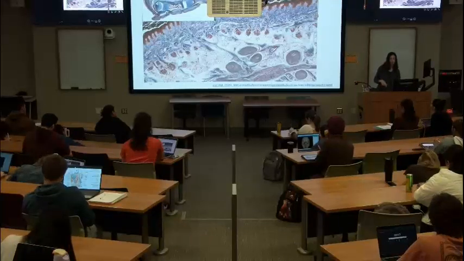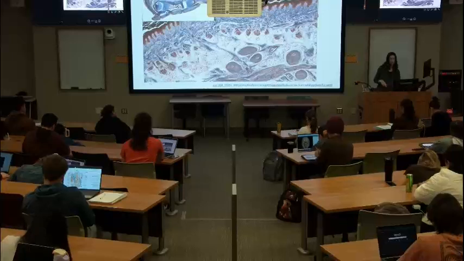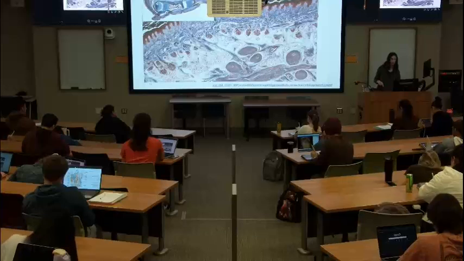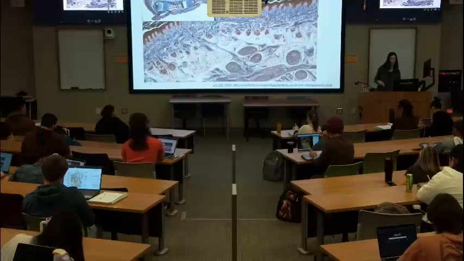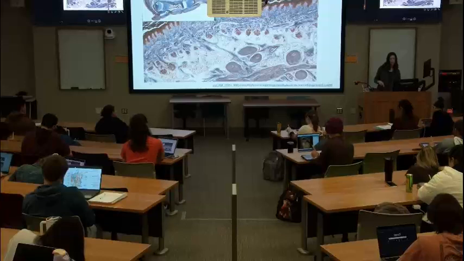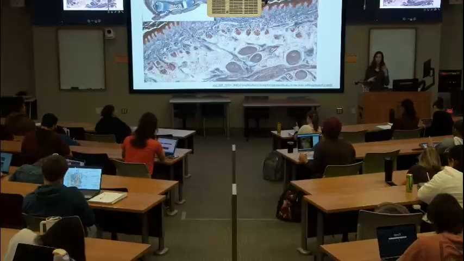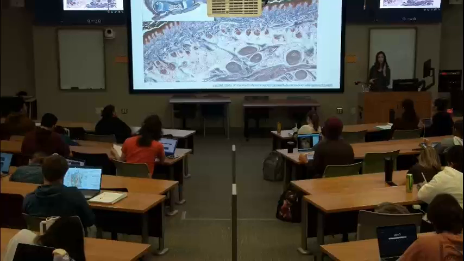You see these red balls? Those are the secretory parts of eccrine sweat glands. There's a whole line of them along here. And some of them you can see have little ducts coming off. If you zoomed in on those, you should see that each duct is a stratified cuboidal epithelium.